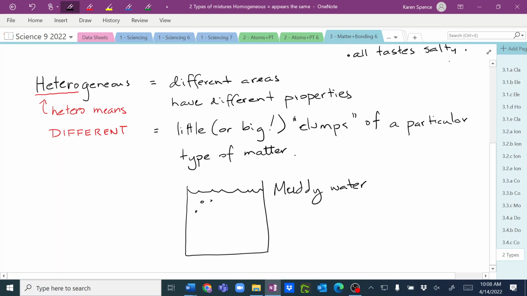And eventually those little clumps of dirt, if you leave it long enough, what will happen to them? They'll actually settle down to the bottom, okay? So there's little clumps of dirt suspended in the water.